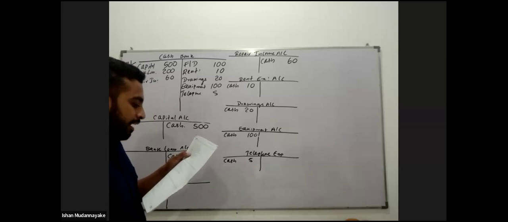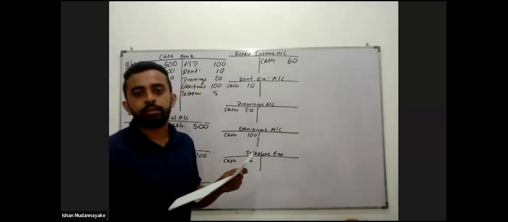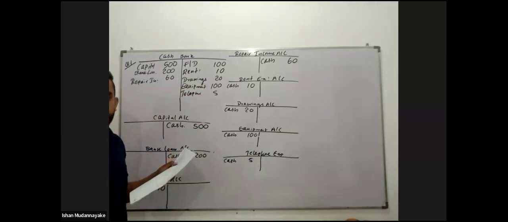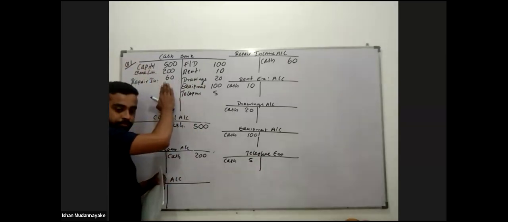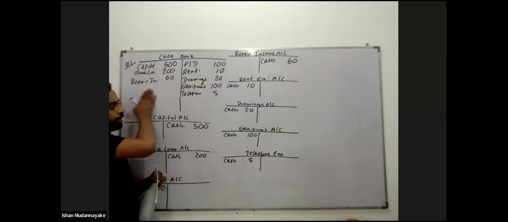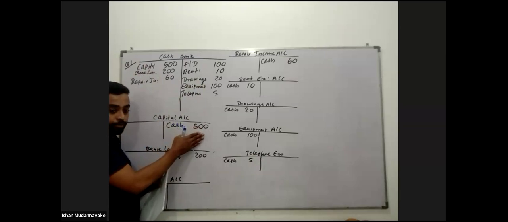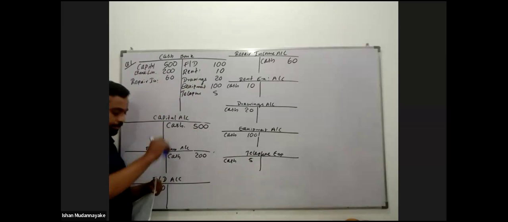Look at the next transaction. Ninth one: Nehara invested additional capital of 50,000 in the business. How to do this transaction? Receiving cash into the business is a cash inflow, therefore cash book debit, and then capital account credit. Increasing equity, capital account credit. Increasing asset, asset account debit.